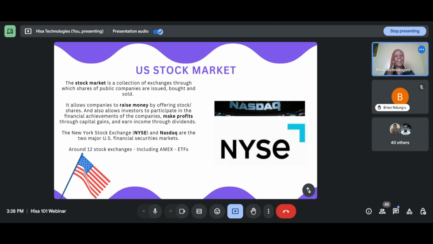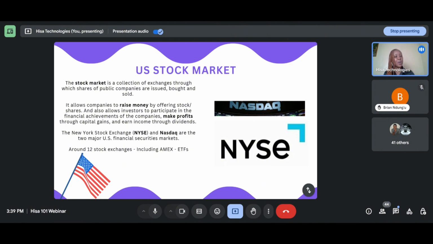Okay, and we said a stock market is a collection of exchanges, and we'll see a few examples of some exchanges in the US stock market. So the stock market allows companies to raise money by offering stocks or shares. It also allows you, the investor, to participate in the financial achievements of the companies.